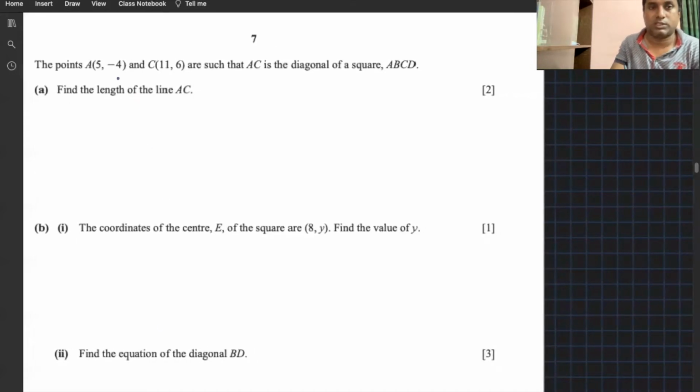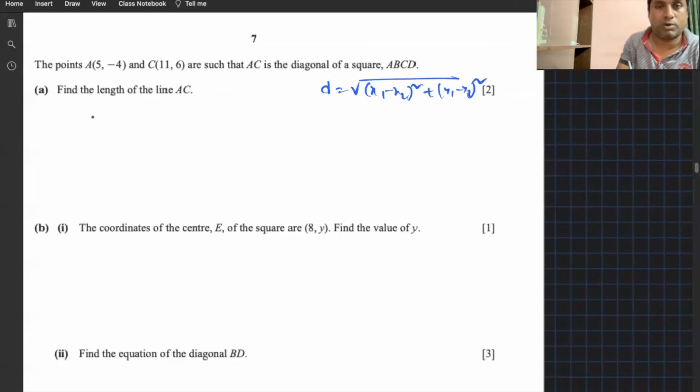So this is (5, minus 4), and C is (11, 6). First of all, we can find the length easily. What is the formula for the distance? Square root of (x1 minus x2) whole squared plus (y1 minus y2) whole squared.